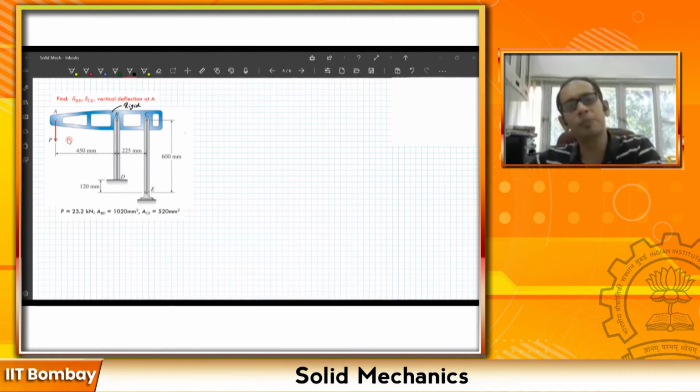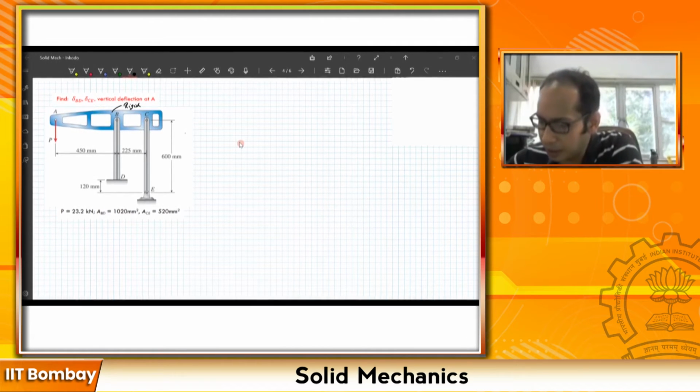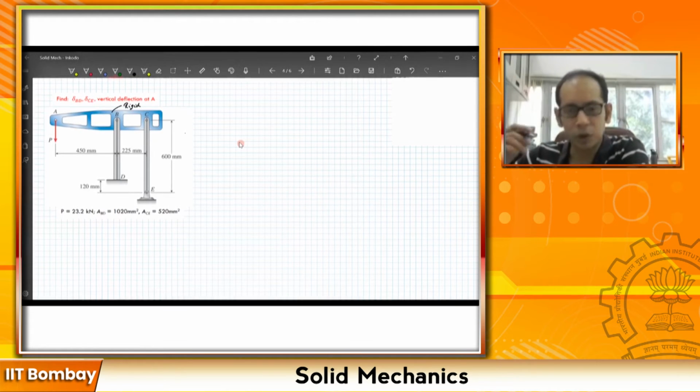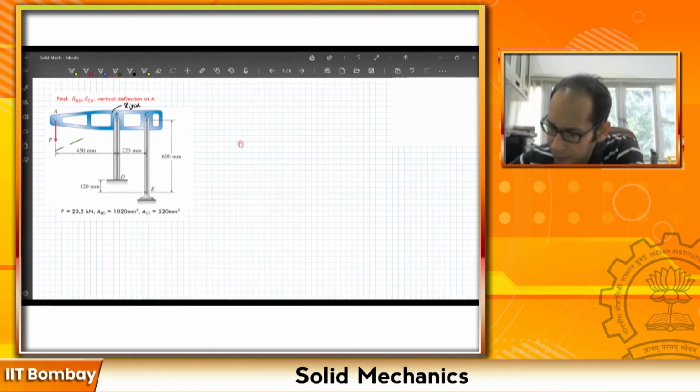So maybe just hypothetically, let's start the problem by drawing the deformed configuration, and given that the bar is rigid, probably the deformed shape of this bar will be something like this. The point A definitely goes down, so maybe you will have something like this. I will draw a sort of an exaggerated deformed shape so that you understand, right? So maybe it happens something like this.